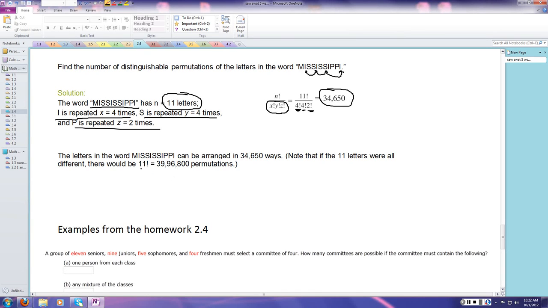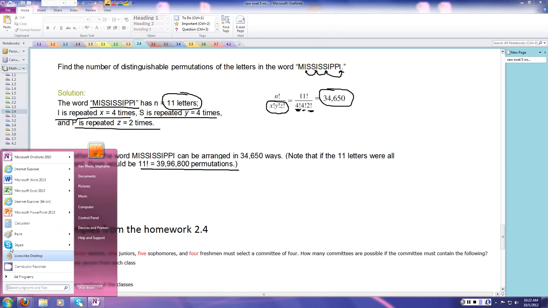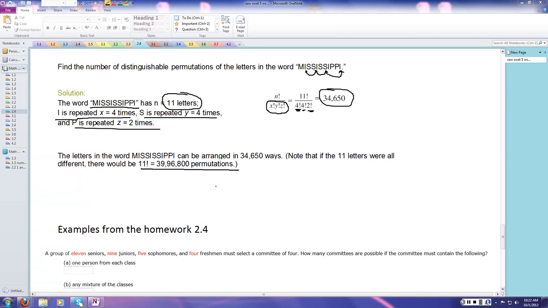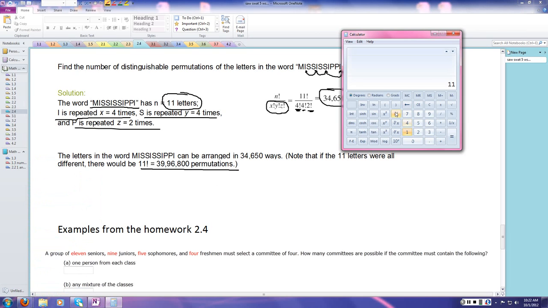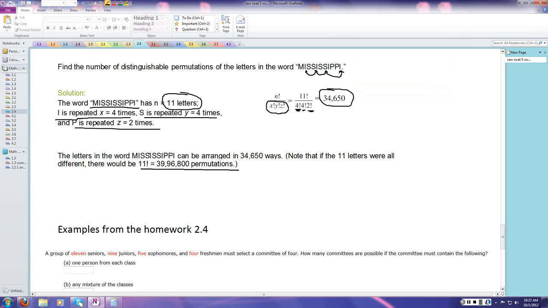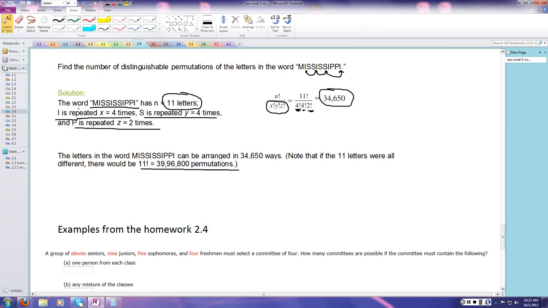Notice that 11 factorial is 39 million. Oh, I left a number out there. We should fix that. Let's see what 11 factorial is. 39,916,800. I left the 1 out, so there should be a 1 here.